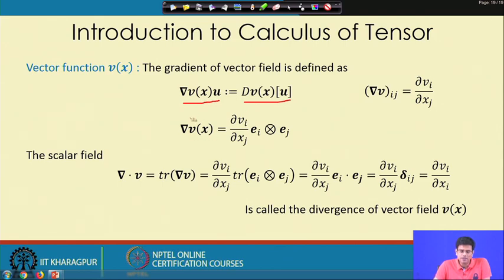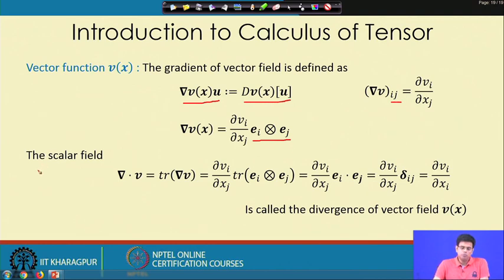So del of v of x is the gradient of the vector field, which is essentially in component form del v i del x j e i tensor product e j. Now remember, this is an expansion, that means this is a matrix. So the gradient of a vector field is a matrix. This has to be kept in mind. Gradient actually increases the number of directions. It was a vector field, and now the gradient of that vector field becomes a tensor field. So it has two components i j.